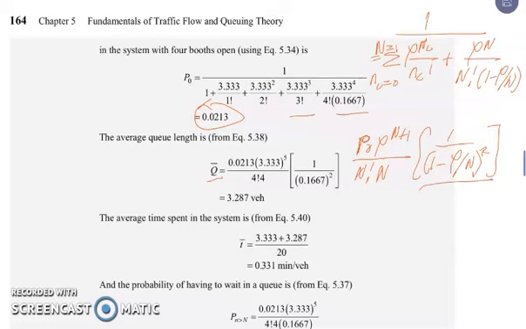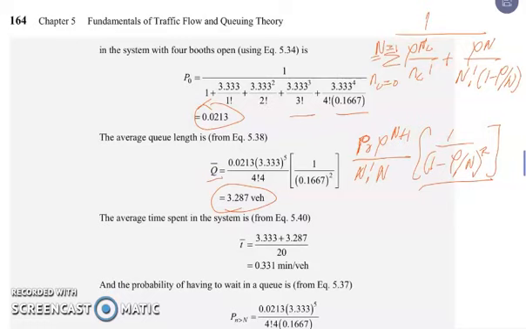So if we try to simplify, we get a value of 3.287 vehicles. Now the average time spent in the system will be equivalent to bar t.